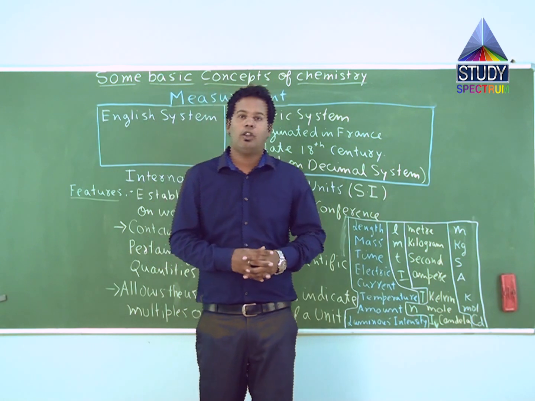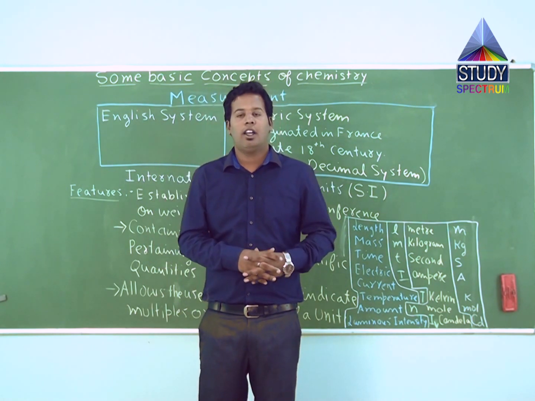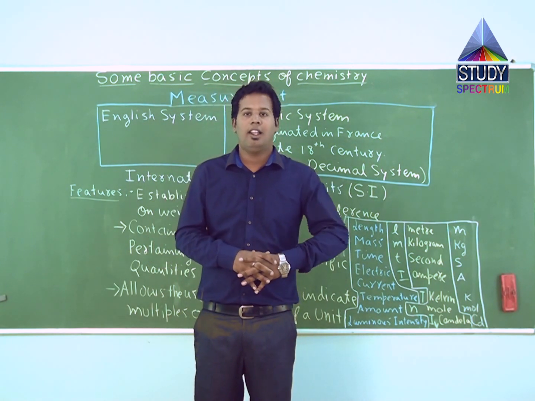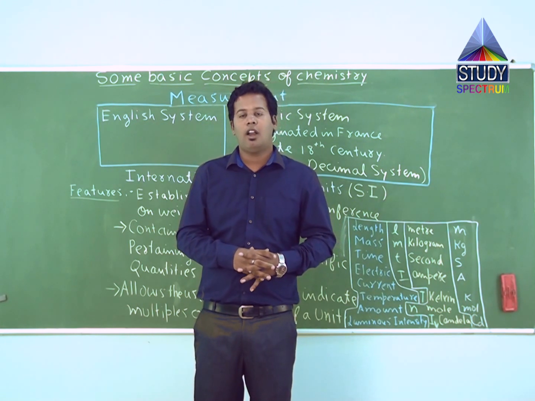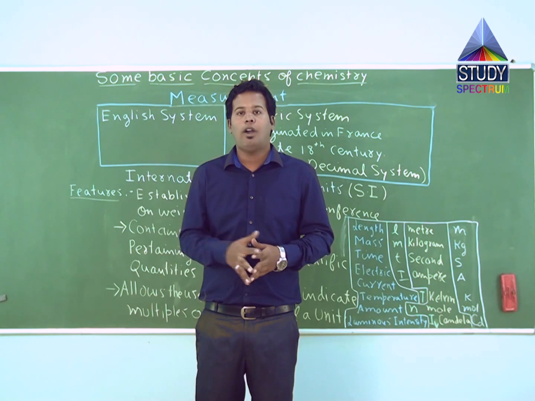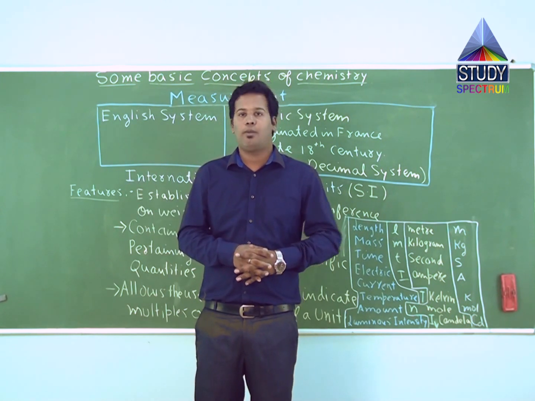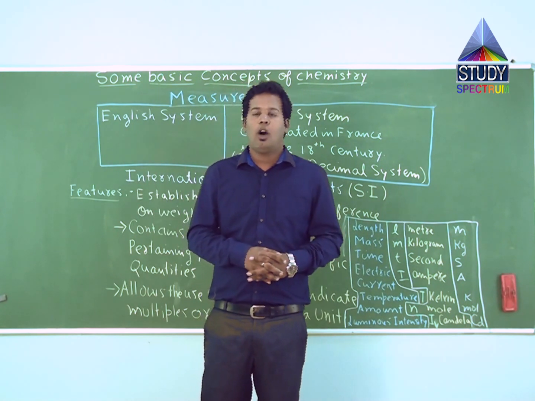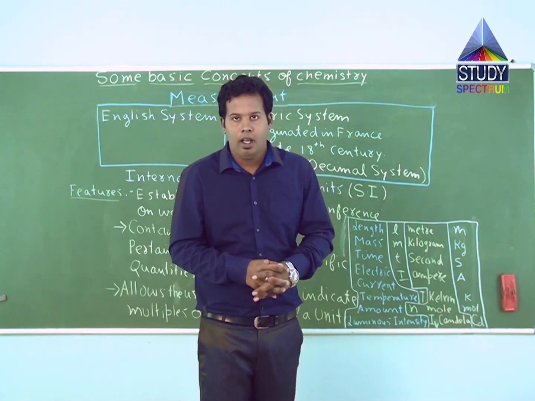Now, when we talk about the properties of matter, there are certain properties like length, area, and volume which are to be measured, correct? And those come into the quantitative aspect of properties of matter.